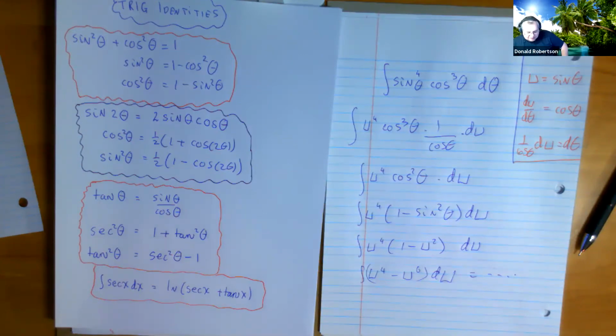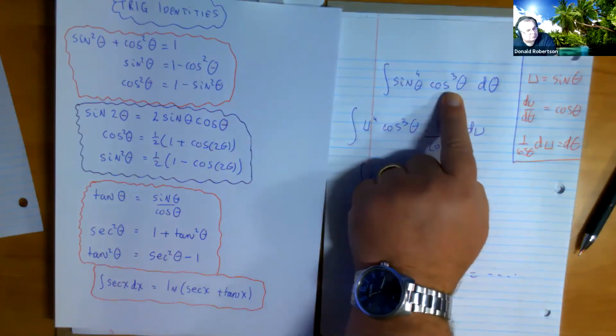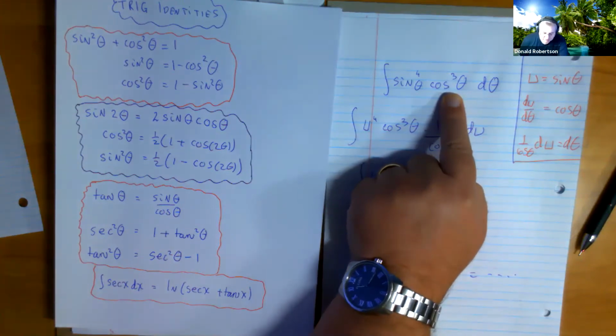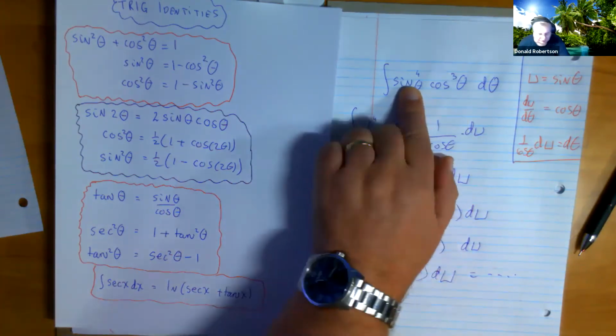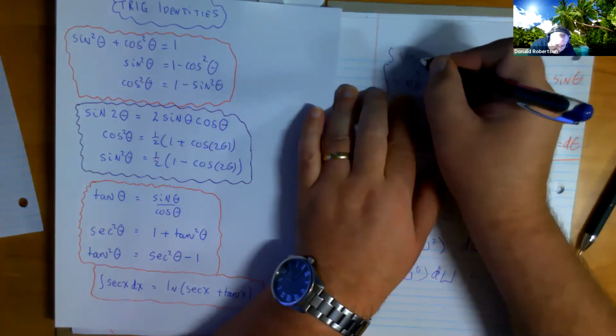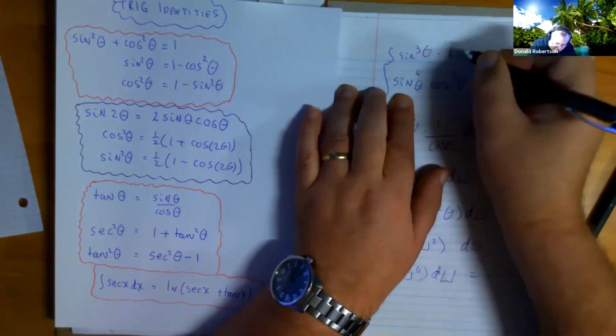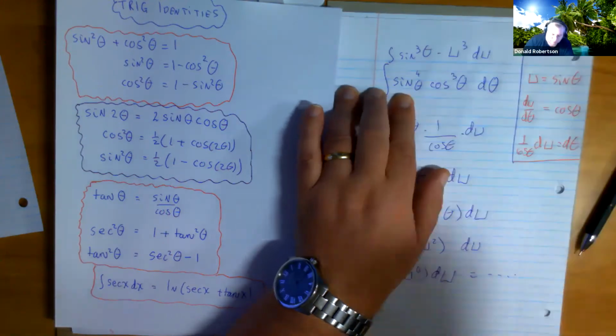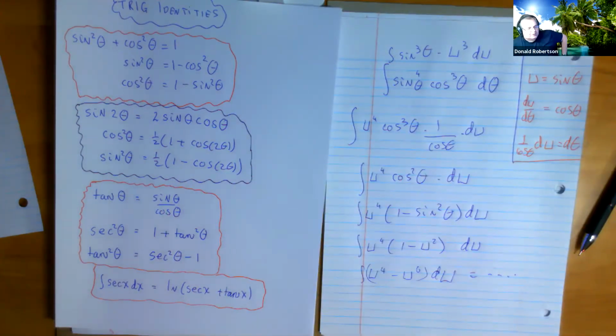Well, you might say, what would happen if I picked the wrong one? What would have happened if I'd chosen cosine? Well, you would have got rid of only one of the sines. So you would have been left with a sine cubed theta, a u cubed, and a du. Sine cubed theta can't be turned into cosines only. You won't be able to get rid of all of the sine cubed. That's why it's a problem. That's why it doesn't work.